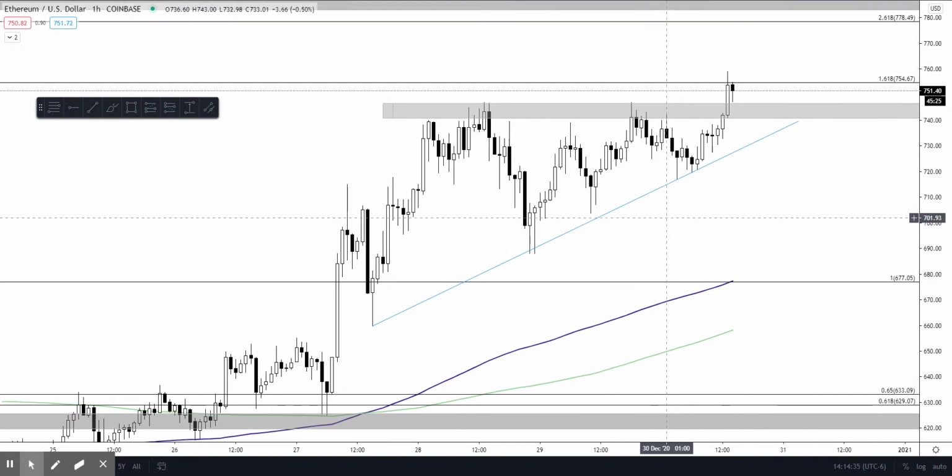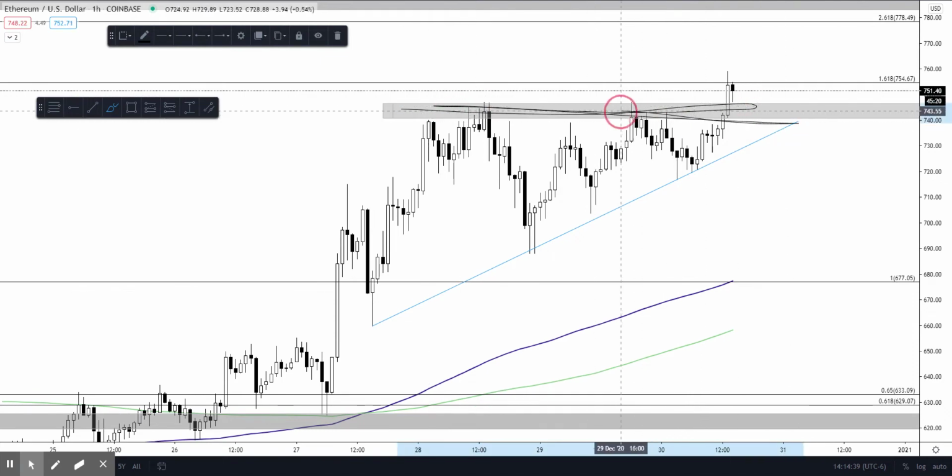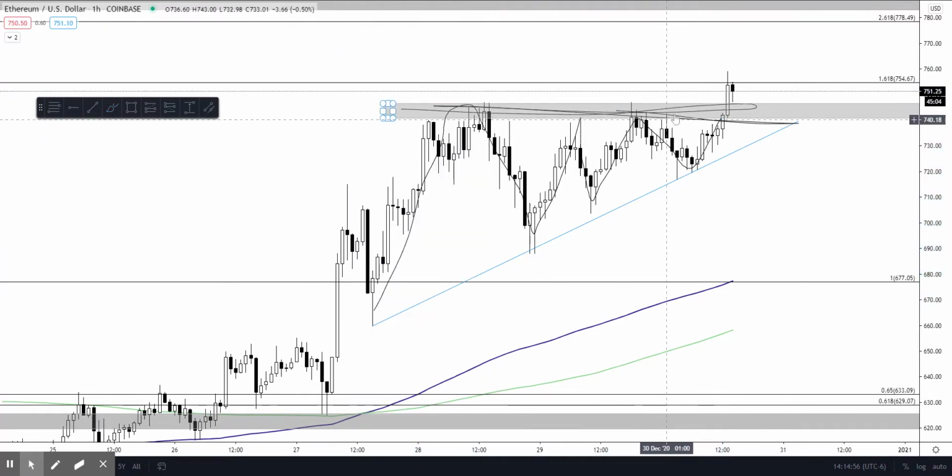But the idea was simple. The idea is you have local supply, and you have demand moving up with every push up into the supply. So the supply is holding as resistance, but your buyers are stepping in earlier and earlier, right? So you have a bit of an ascending triangle sort of formation here.